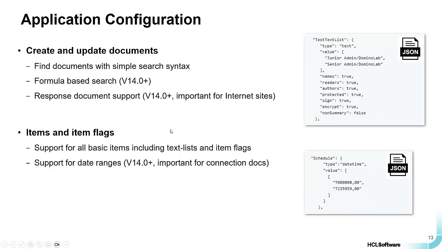You see here in my example that I have a text list. So this is a JSON array. And you also see that this item has additional flags. So it's a names field, it's a resource field, it's an author field, it's protected, it's a signed item, and it should be encrypted, and it's a summary item.